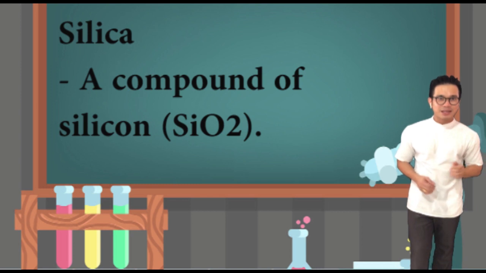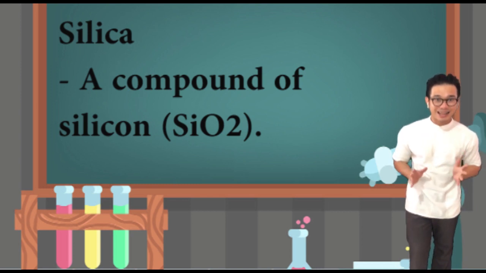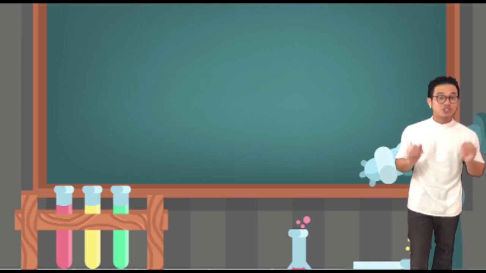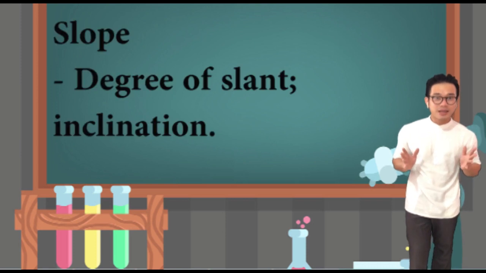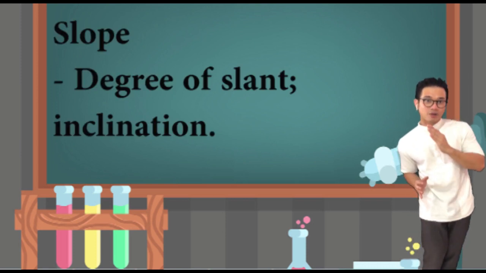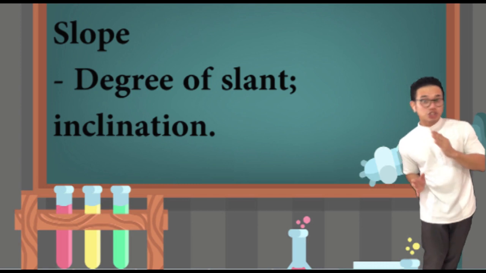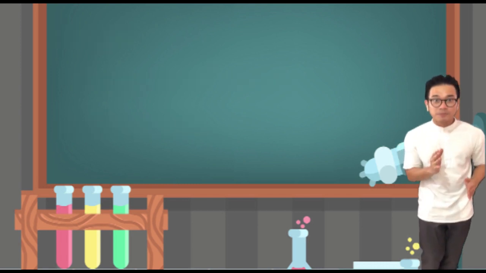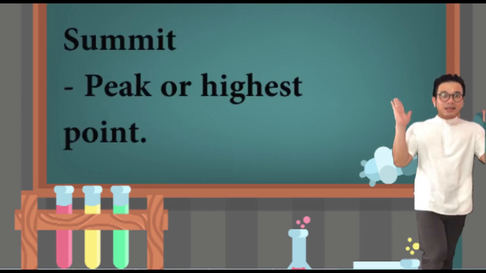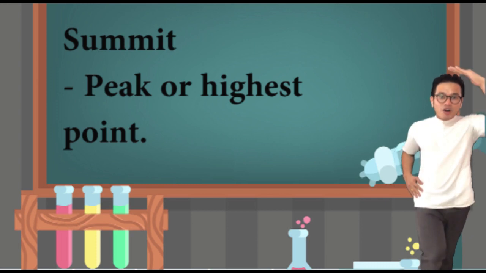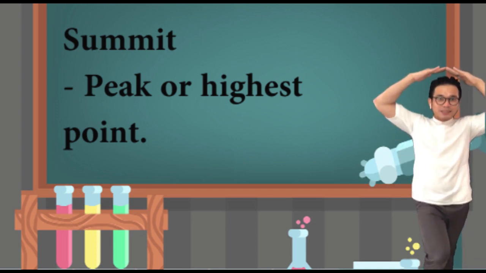Silica is a compound of silicon. Slope is a degree of slant or inclination. Next is summit, the peak or the highest point.